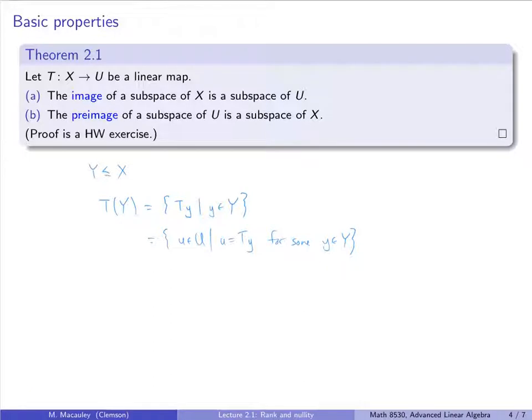Next, the preimage. So now let me use a different color. Let me say that V is a subspace of U. So the preimage of V, sort of a picture of it.